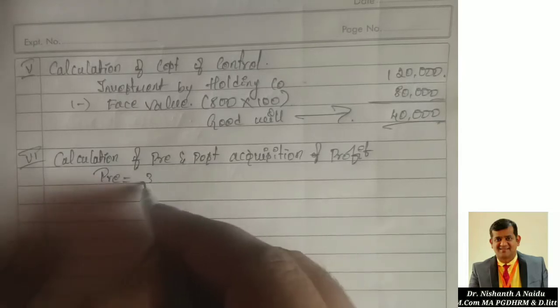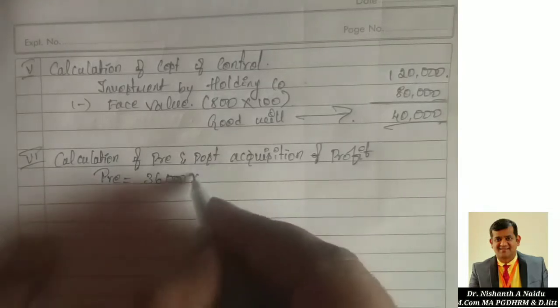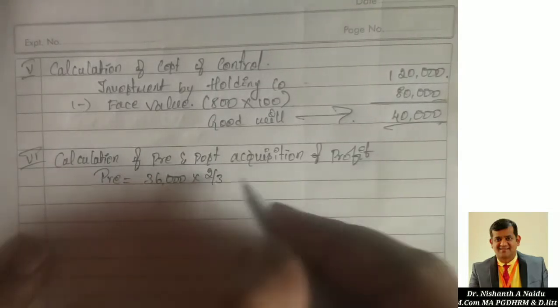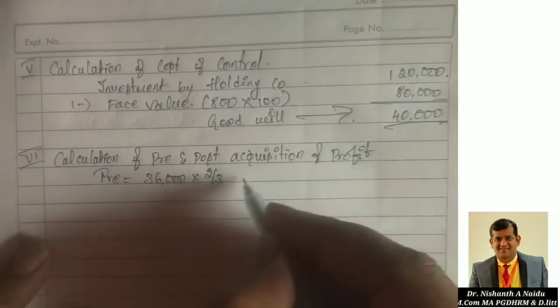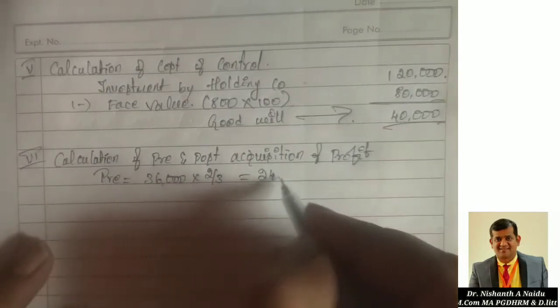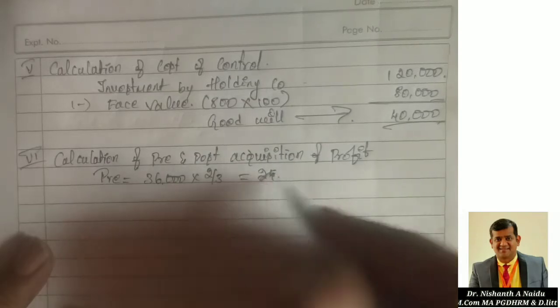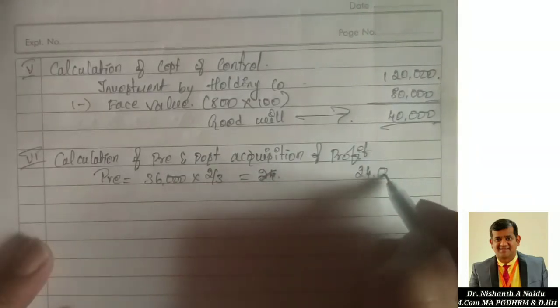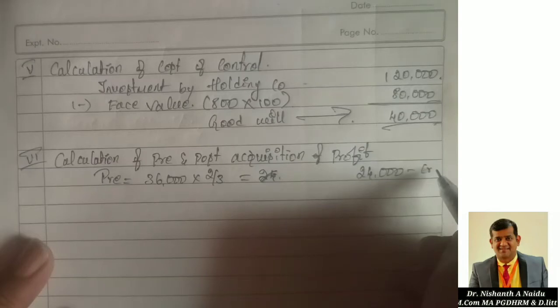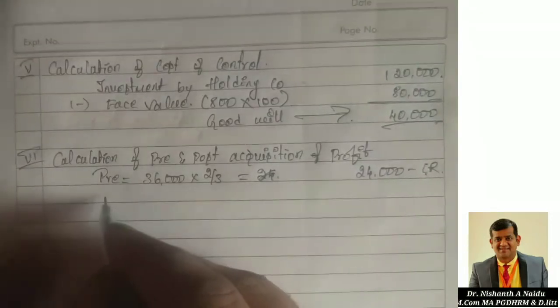Pre: 36,000 into the majority ratio 2 by 3 equals 24,000. This needs to be transferred to the capital reserve account.